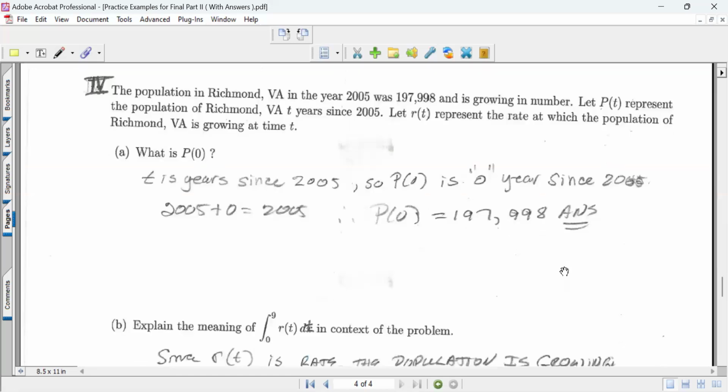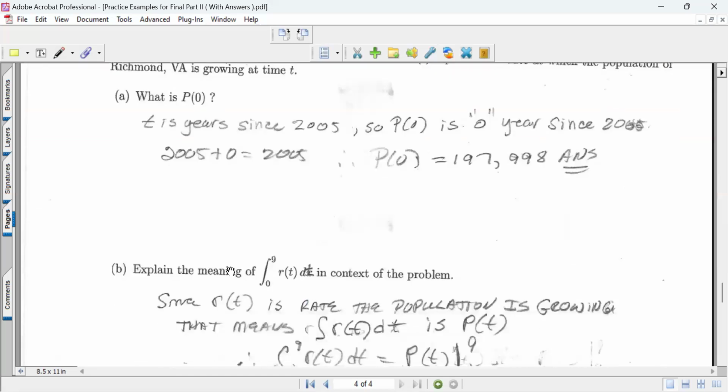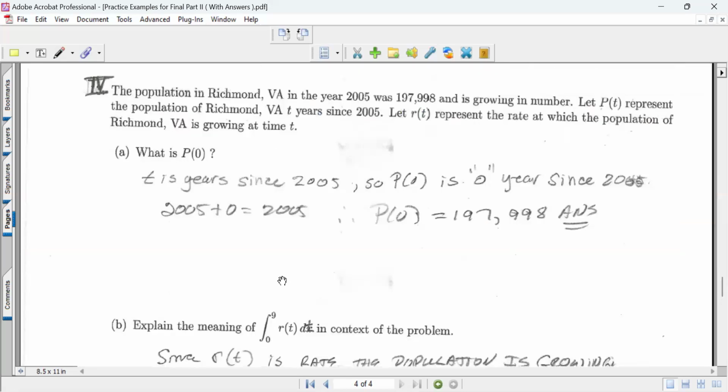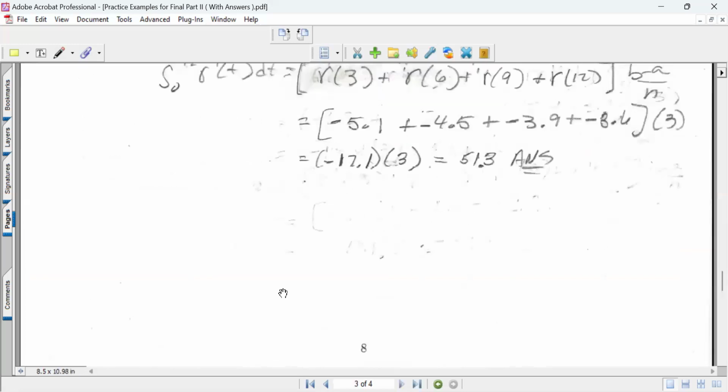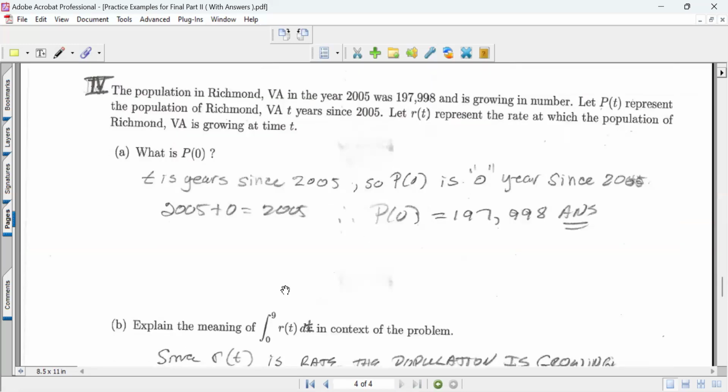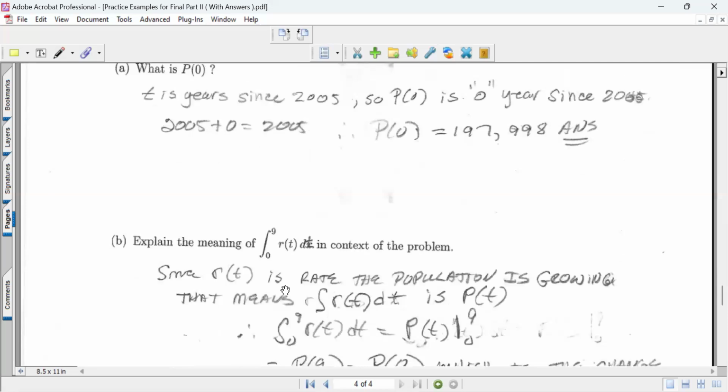Then the problem asks us to explain what the integral of r of t means in this particular problem. That's going to be in the context of the problem. Well, r of t is the rate at which the population is changing.